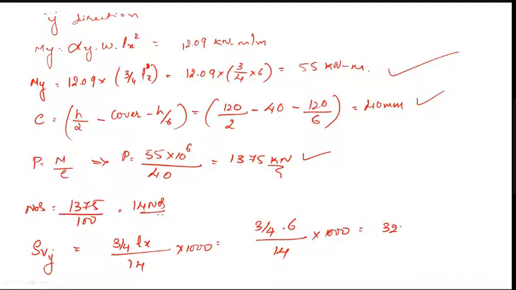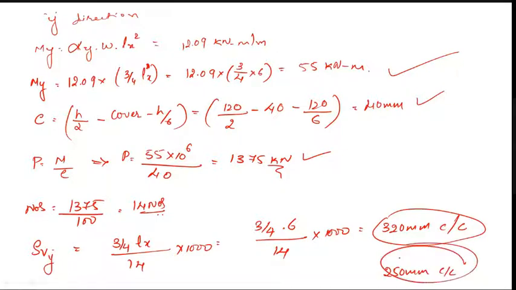So I will get 320 mm center to center distance. So the spacing in y direction is 320 mm and in x direction it is 250 mm. Okay, just remember. After that, what we have done, we have gone for step 4, that is limit state of collapse.